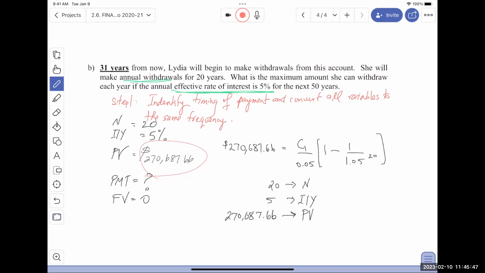That's the present value. And then it's the payment that you don't know. And you're going to put 0 to override FV because you have to put something there as a placeholder, but we don't need the FV.